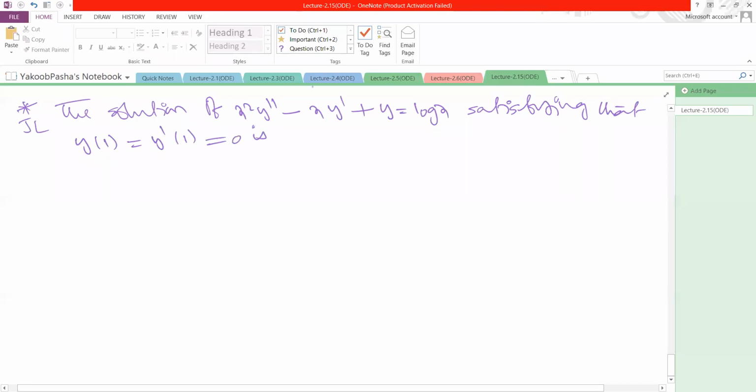And given boundary condition y of 1 and y dash of 1 equal to 0.